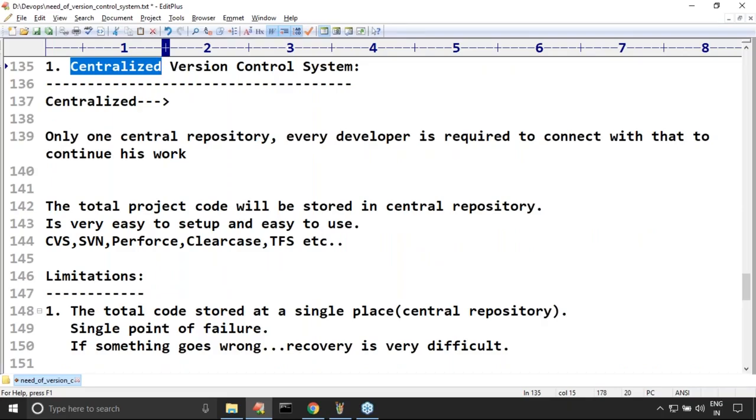Which one is centralized? Why are you silent? Respond. The repository is centralized. A single repository we are maintaining for all the developers, right?